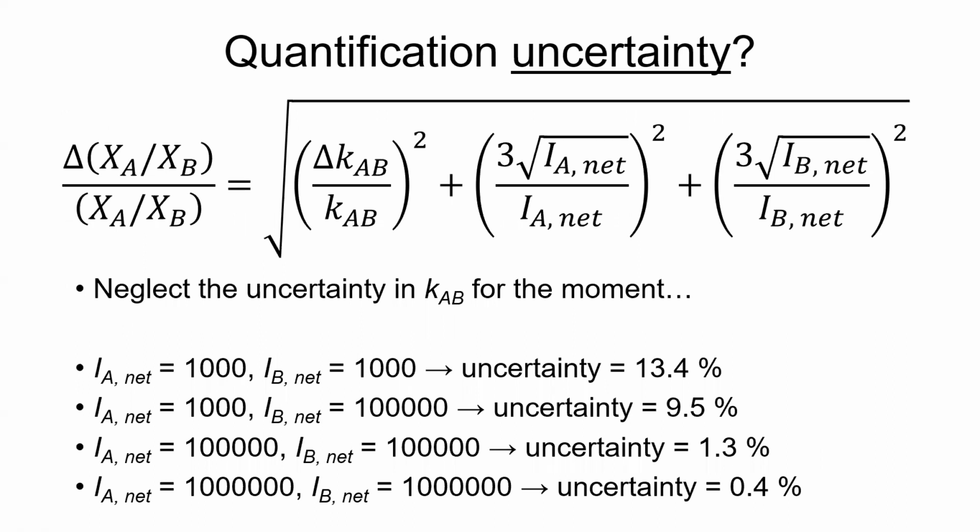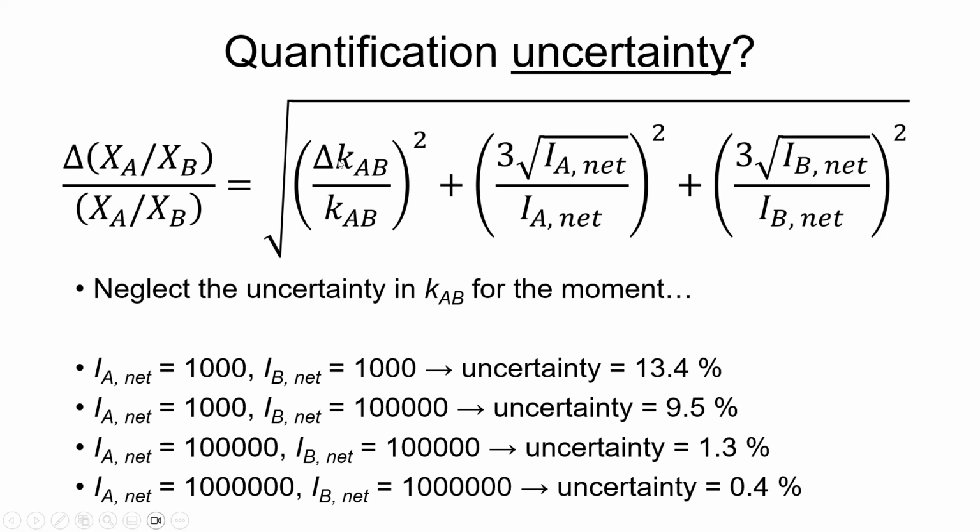So this is the equation that tells us the uncertainty in the ratio, or I should say the relative uncertainty in the ratio, delta meaning the uncertainty in the ratio divided by the ratio. I have three terms here underneath the radical.